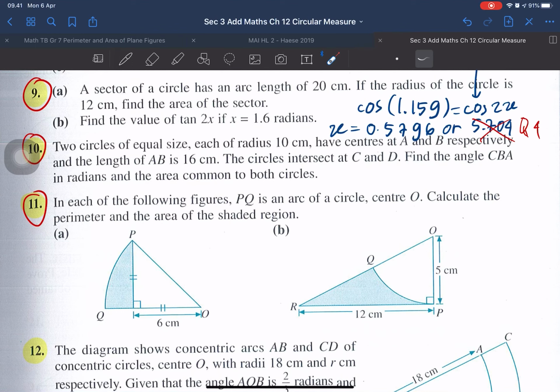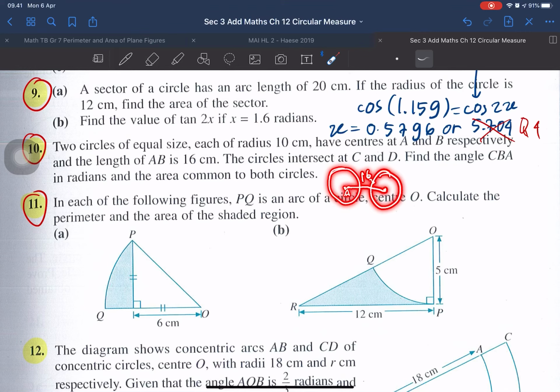And then 2 circles of equal size, the same size, radius 10, have center at A and B respectively, and length of AB is 16. So the length between 2 circles is 16. Find the angle of CBA.